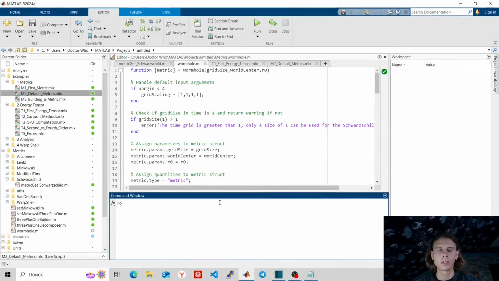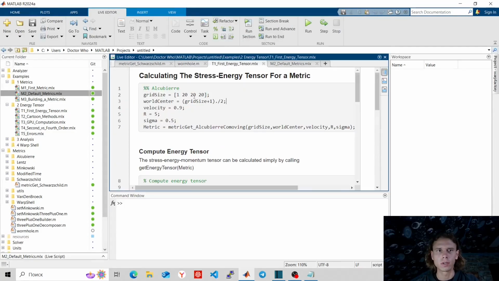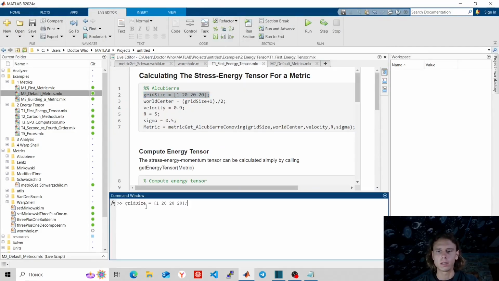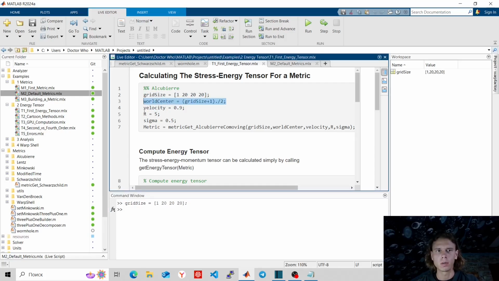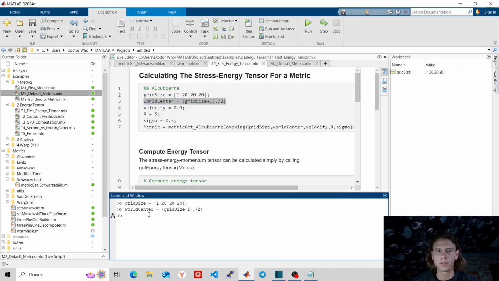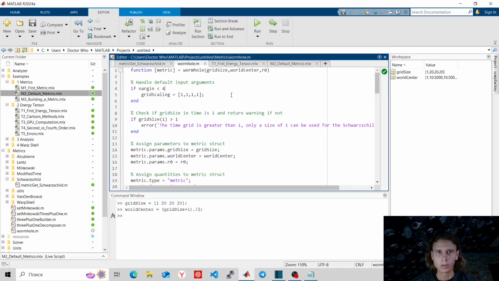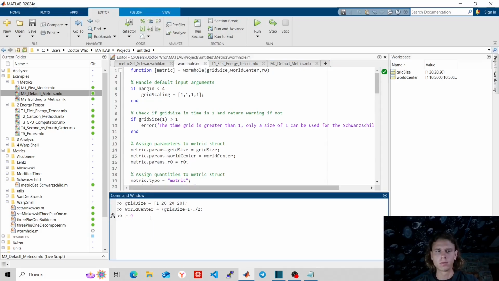So let's call this function, and first I need to again specify grid size. I specify the world center, and what else do I need to do? I need to specify R0 equal 1, and now I can call my metric function.